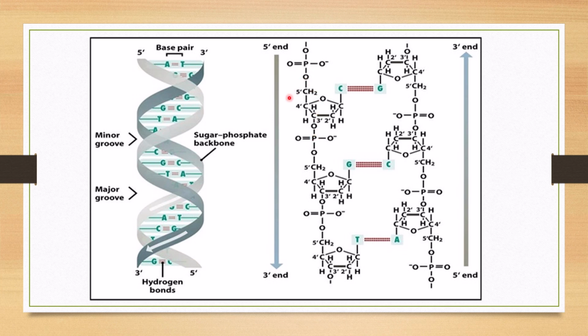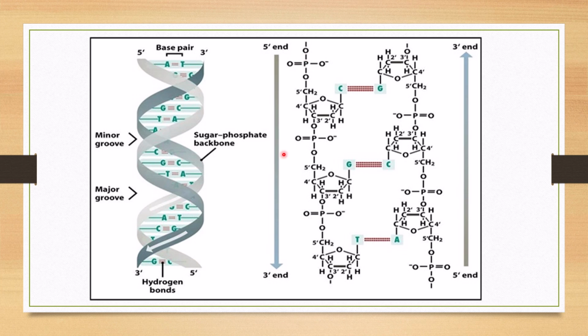So here we can find that the 5' end has a phosphate group which is free. The 3' end again contains a phosphate group which bonds to the 5' end, the phosphate of the next incoming nucleotide. So this strand runs in a fashion like 5' to 3'. Since this 5' end is free, this is a 5'.